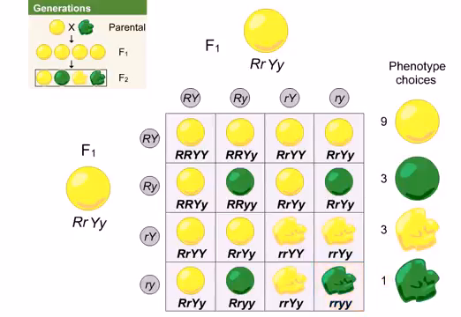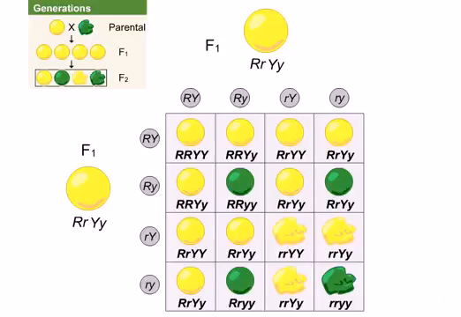This phenotype ratio of the F2 generation is typical of a cross in which the parental generation differs in 2 traits that assort independently of each other. According to Mendel's principle of independent assortment, the genes behave independently of each other during meiosis, resulting in this predictable ratio of phenotypes in the offspring.